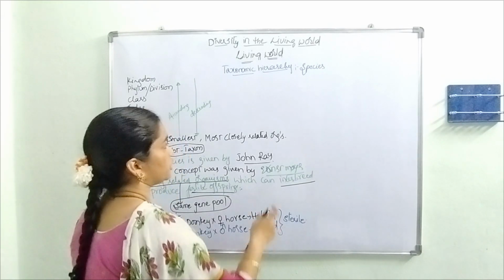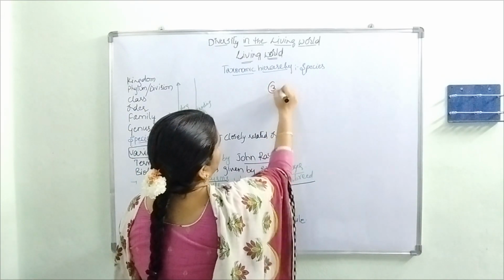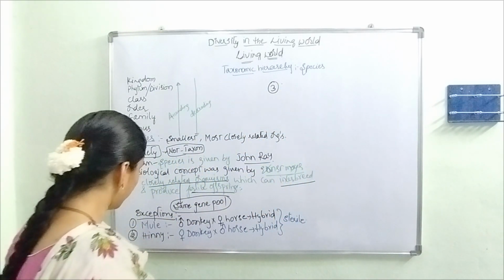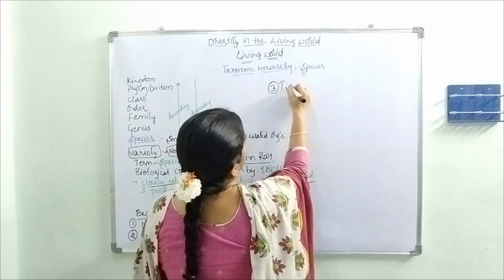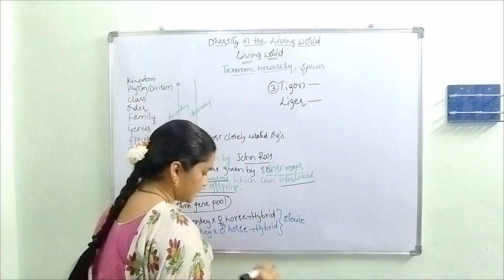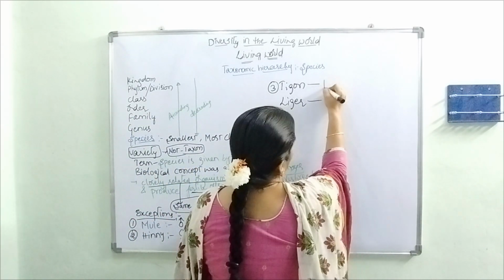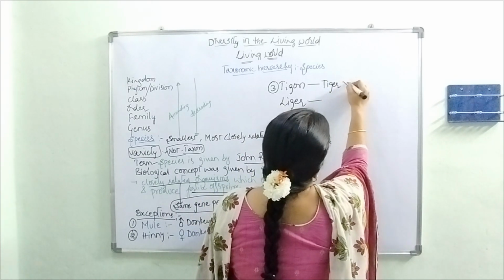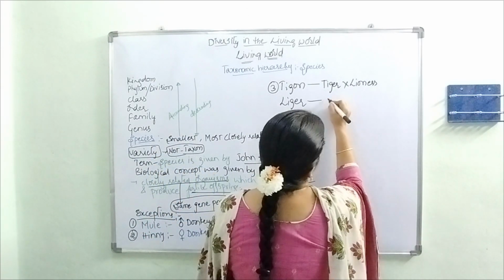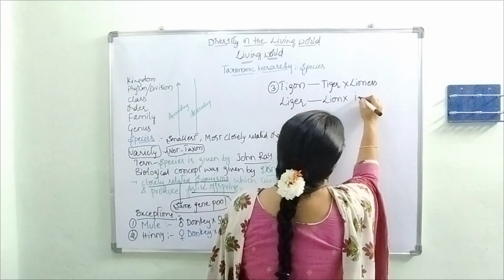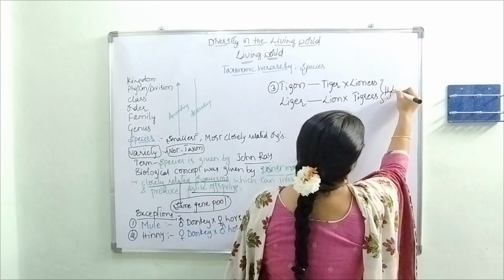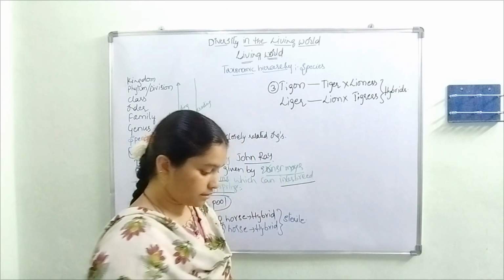The next exception is tigon and liger. Tigon is a result of crossing between a tiger and a lioness, and liger is a result of crossing between a lion and a tigress. Both are hybrids. Are they fertile?